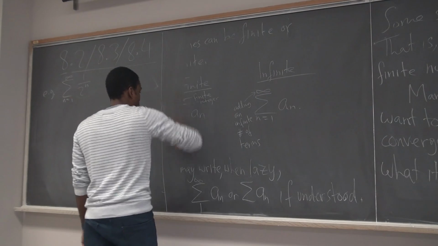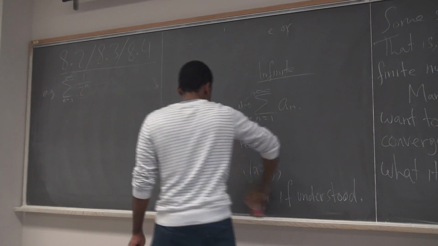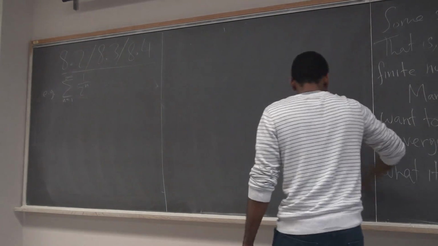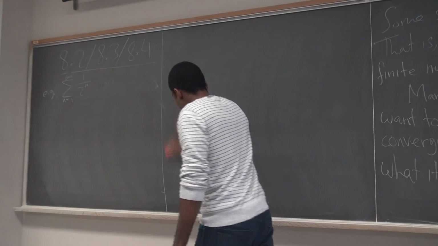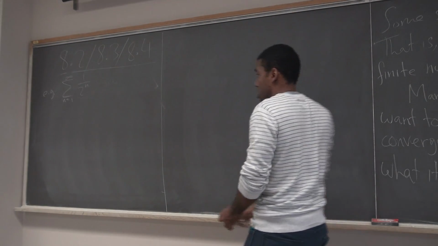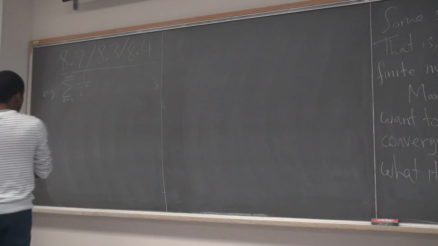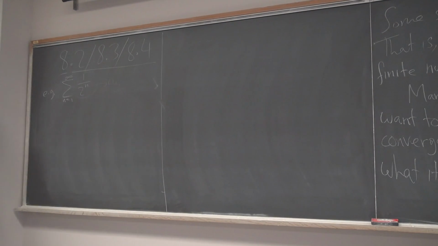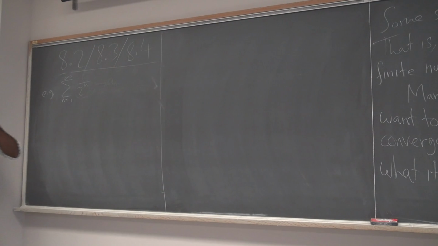But I'm going to do it in the partial sums way. The idea is to figure out what the sum of the terms is doing, and then create a sequence from that, and we can figure out what the sequence is doing. So this is in general how we can figure out what a sum converges to.